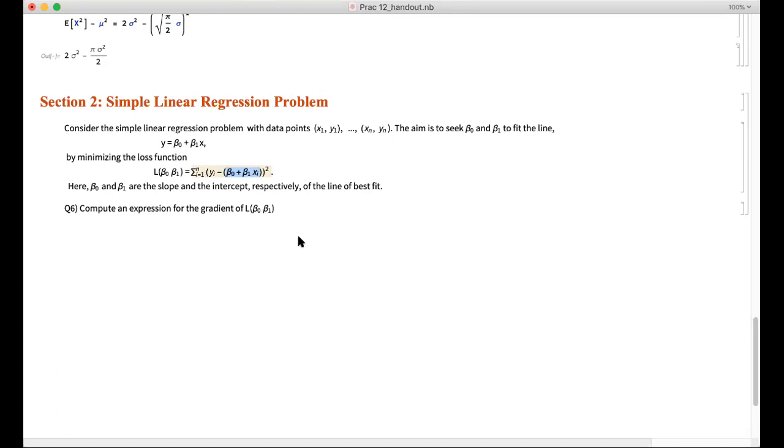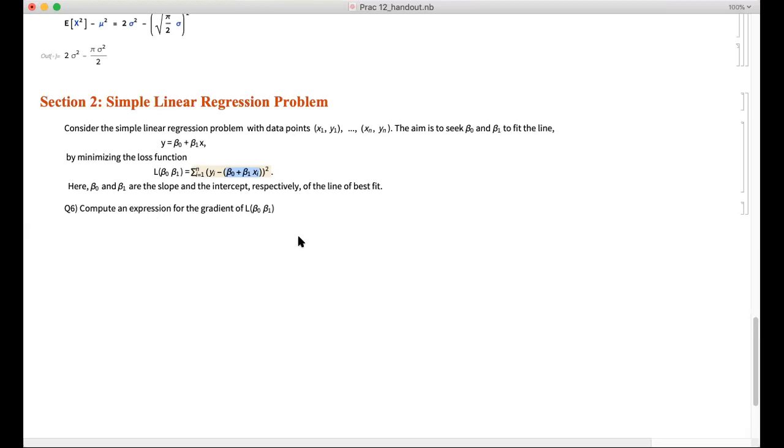Okay, is that beta 1 or beta 0? Yeah, you're right. So I hope everyone else knows how to do this.